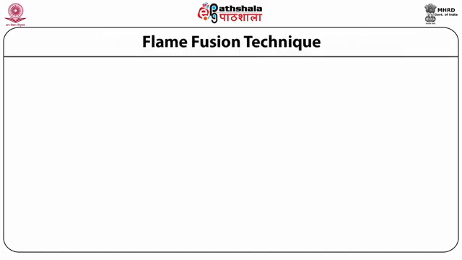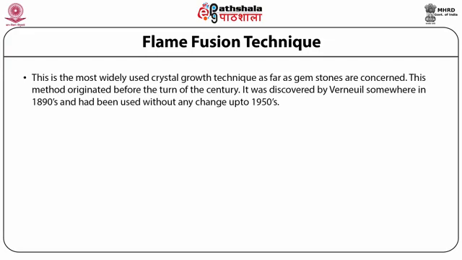Flame fusion technique. This is the most widely used crystal growth technique as far as gemstones are concerned. This method originated before the turn of the century. It was discovered by Verneuil somewhere in the 1890s and had been used without any change up to the 1950s.